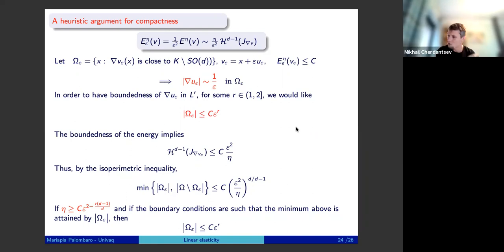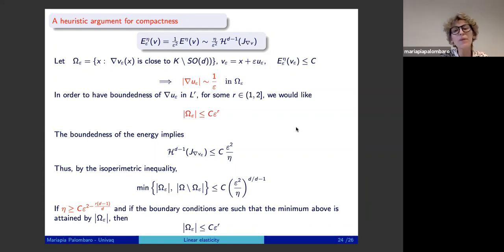And there is also this big bulk of work on crystal lattices, where you have different wells, the different minima, and they call them martensite. Yes, laminates.